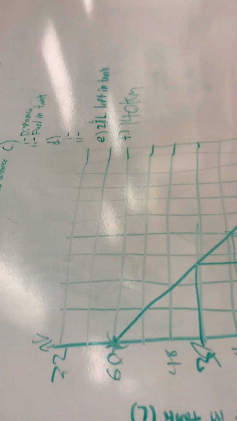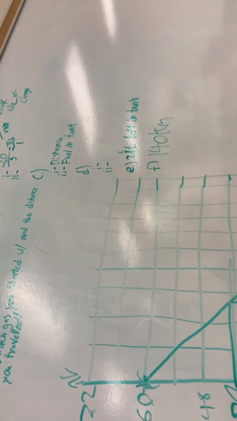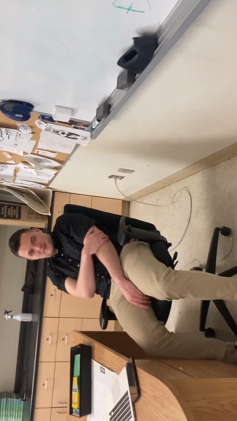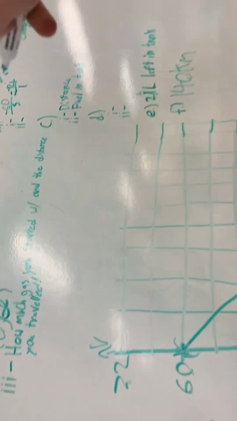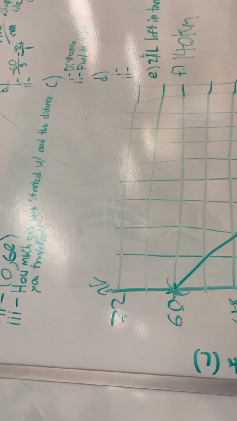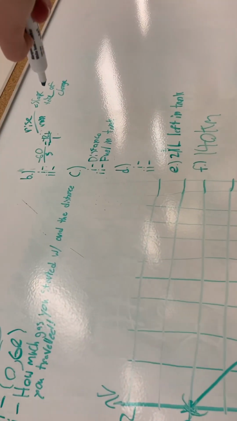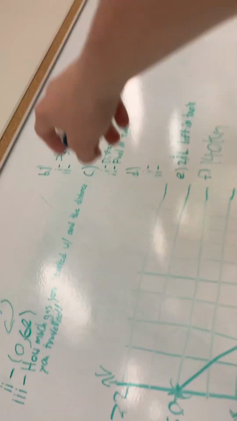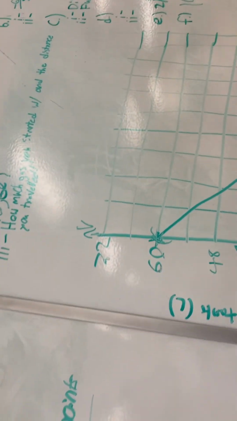The amount of fuel you're losing per kilometer, or fuel efficiency. So the amount of liters you're losing based off of the number of hundreds of kilometers. Every 100 kilometers, you lose 12 liters.